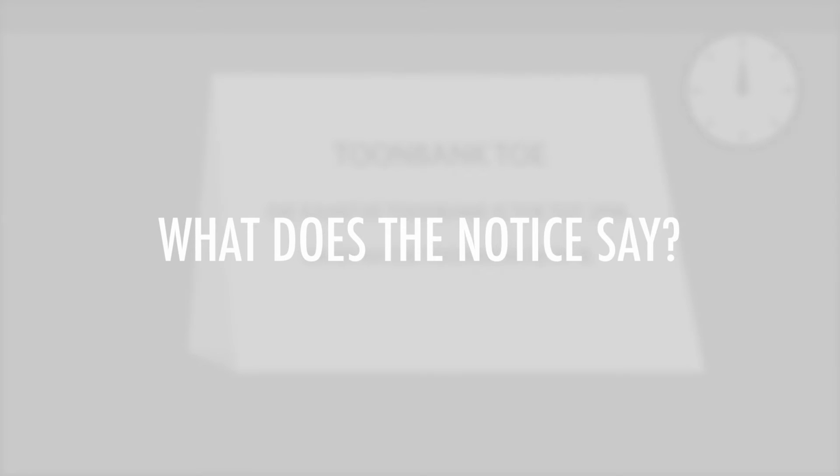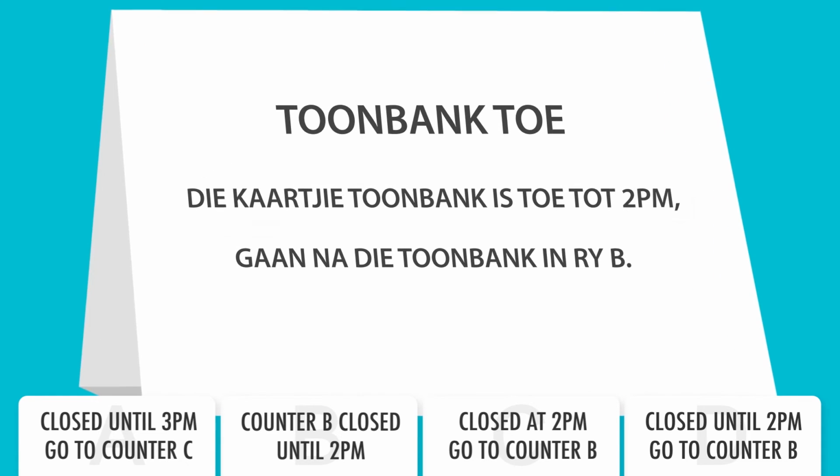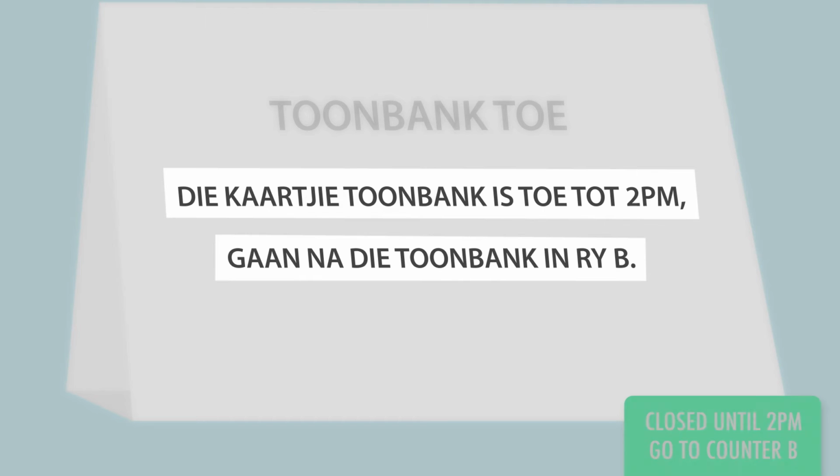What does the notice say? The notice says that the ticket counter is closed until 2 p.m. and that you should go to the counter in row B instead. Die kaartjie toonbank is toe tot 2 na middag. Gaan na die toonbank in ry B.